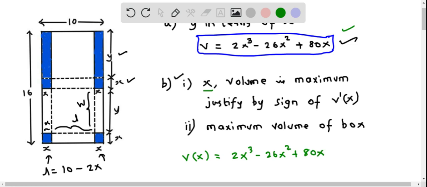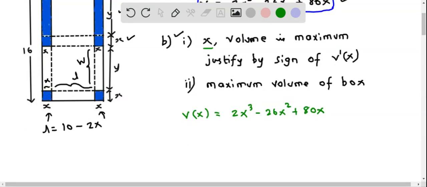Now we are going to find the first derivative of the volume function and find the critical numbers. Only at the critical numbers can we say that either the volume is maximum or minimum. So our first task is to find the critical numbers. We can find the critical numbers by setting up this equation, that is V prime of x equal to 0, and solving for x.